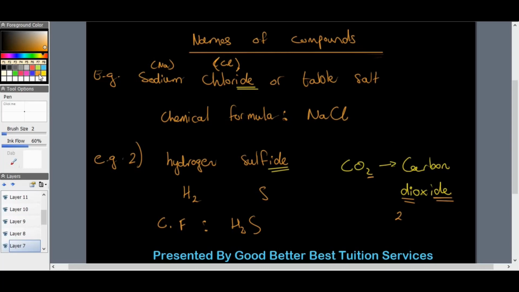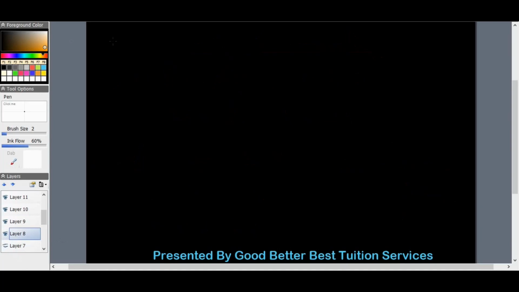Some compounds are more commonly known by their common names. So if we have H2O, we'll never call it, for example, hydrogen oxide. It's known as water. H2O is called water.